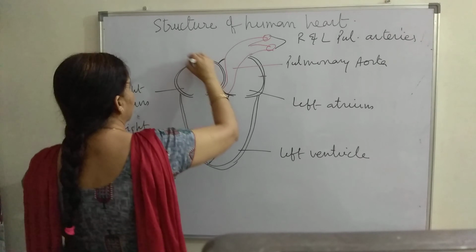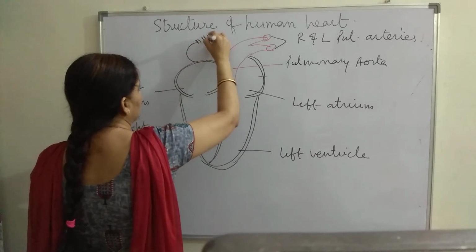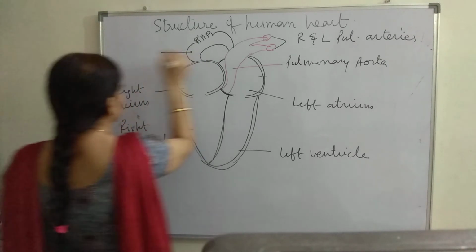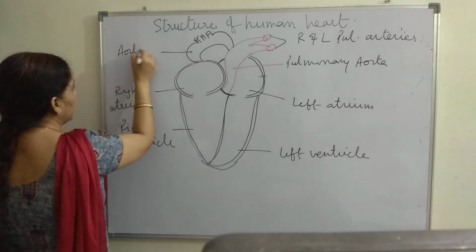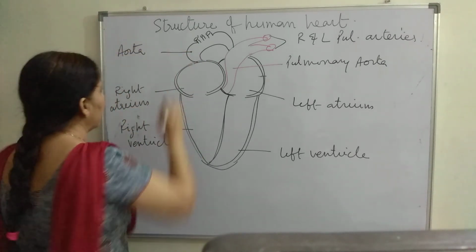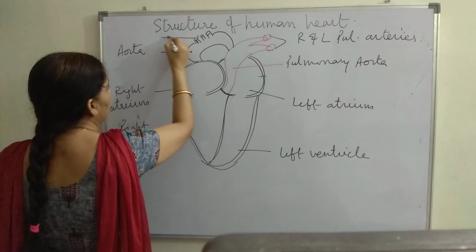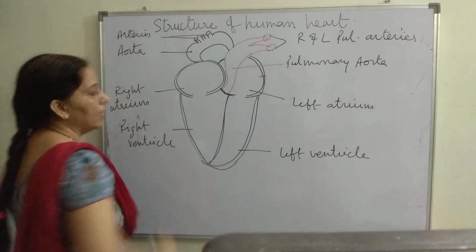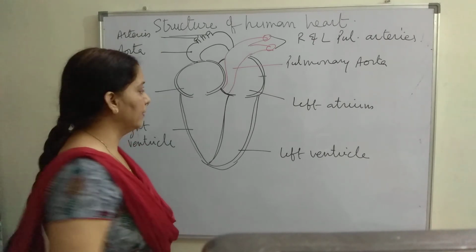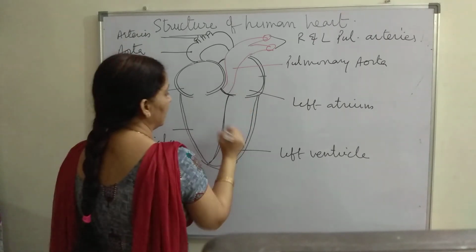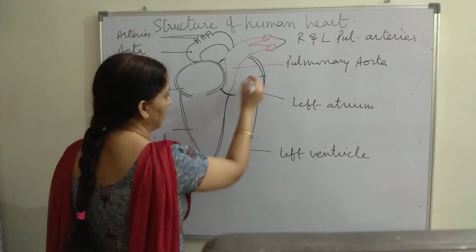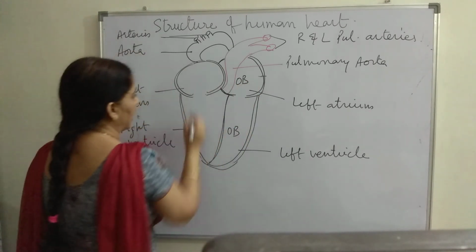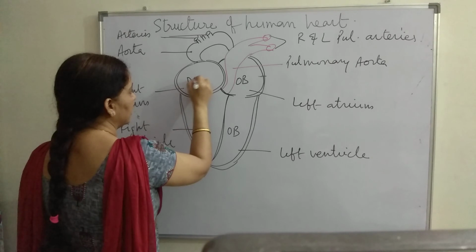Another aorta is forming an arc over here, and this is the systemic aorta, or simply we call it aorta, and these are its branches. Its branches are called arteries. Fine. So what type of blood flows in the left chambers? They carry oxygenated blood.